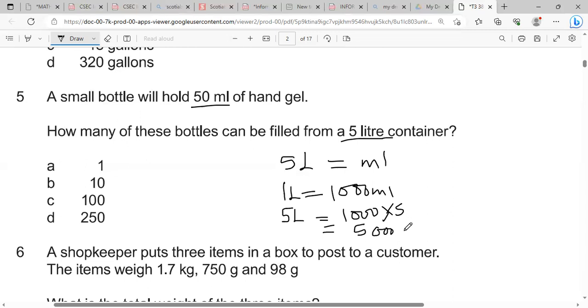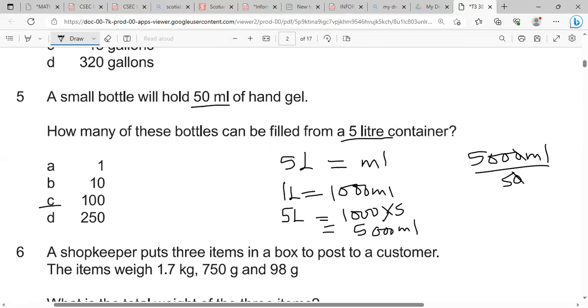So now we have 5,000 milliliters and we're filling 50 milliliter bottles. We have the same unit now, so we just divide by 50. 5 into 500 would give us 100. So for this one, our answer would be C.